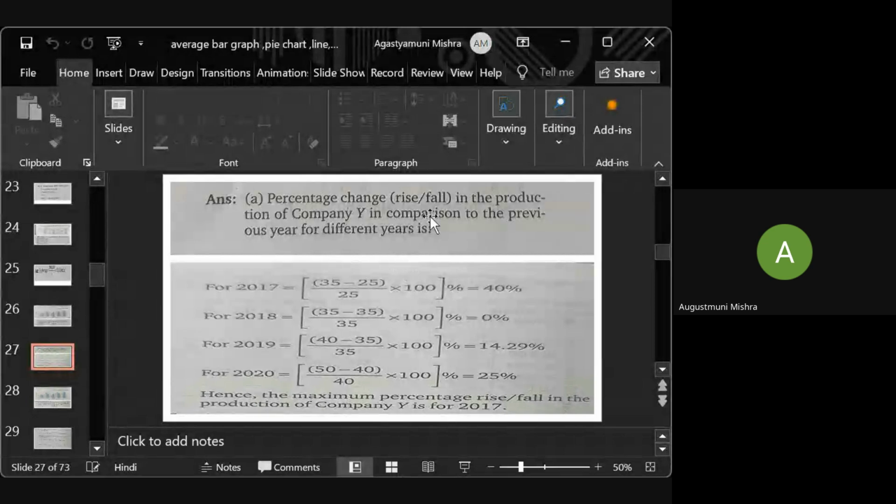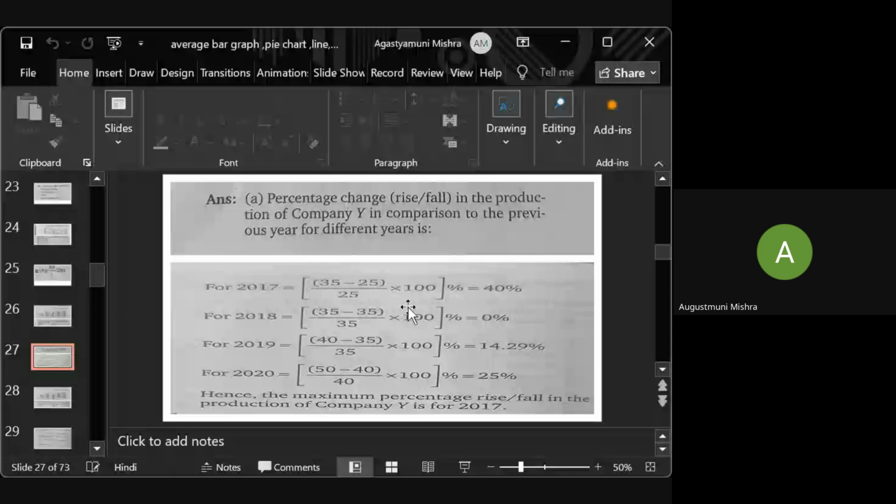Previous year versus 2017. You can just observe in the diagram. Then I will again show you the diagram, because the formula is the same, that particular formula which we discussed at the start of our session.